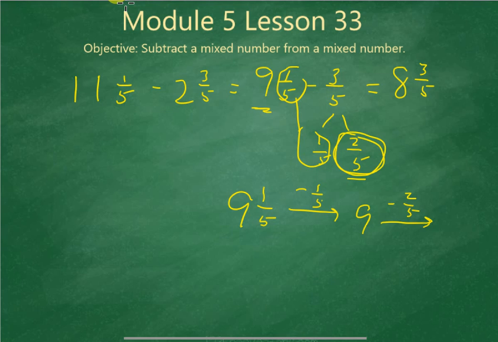And if I subtract a fraction from that whole number, I know that's going to reduce that whole number, because you could think of it as 8 and 5/5. You can think of it that way. So it's going to be 8, and then 5/5 take away 2/5 is 3/5.